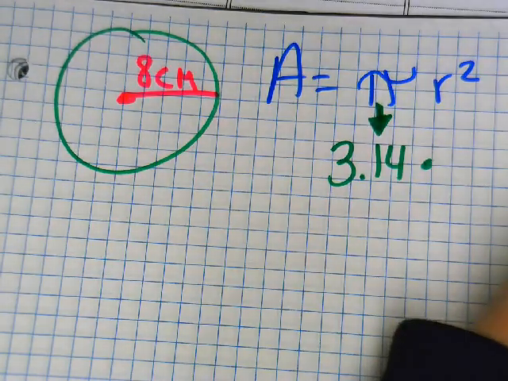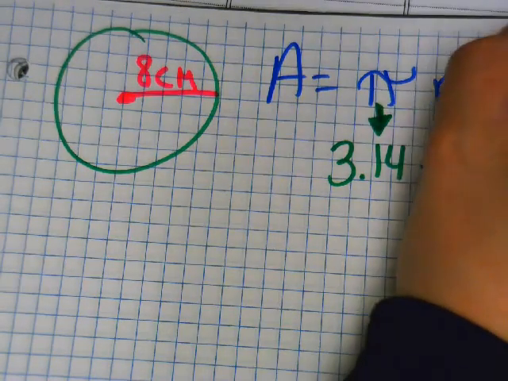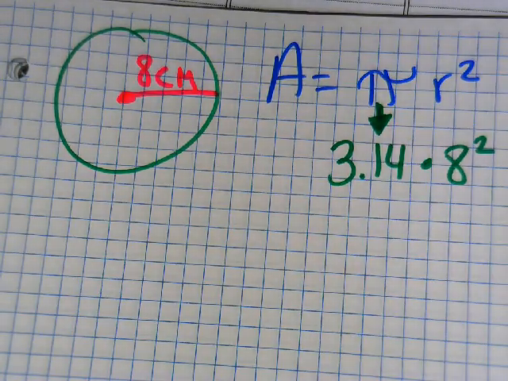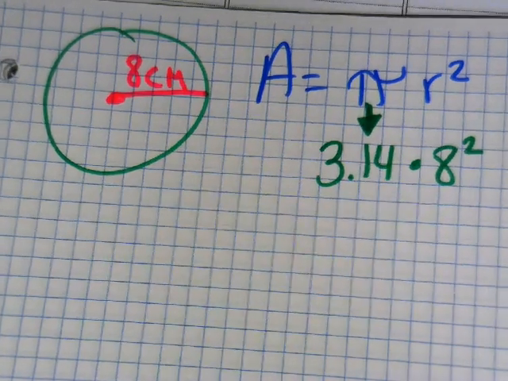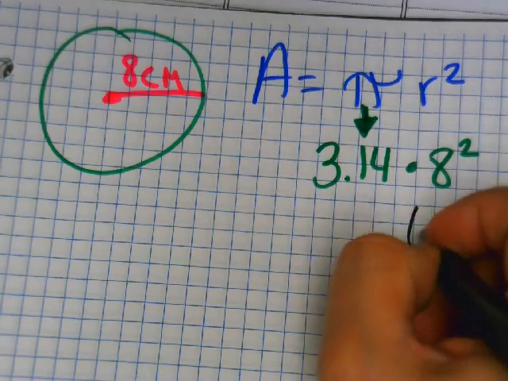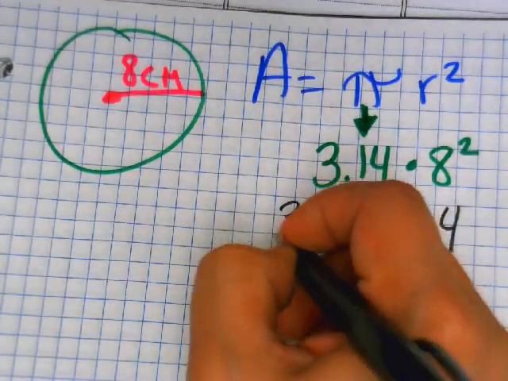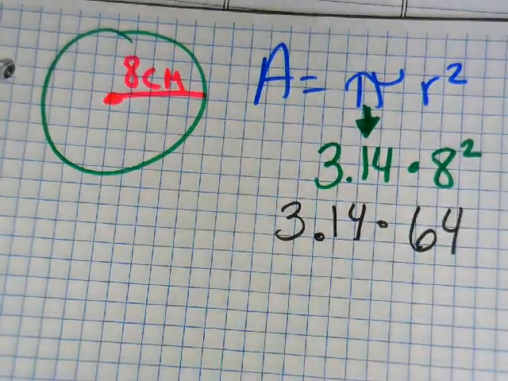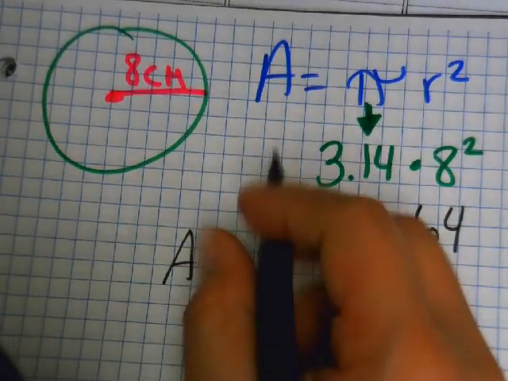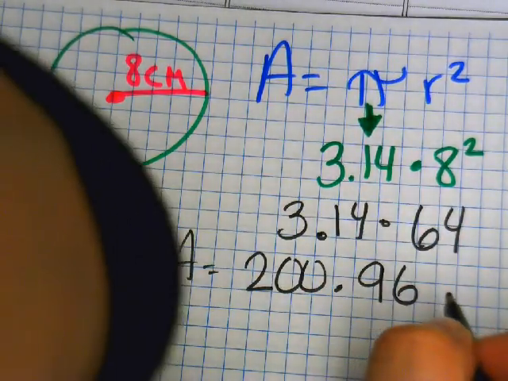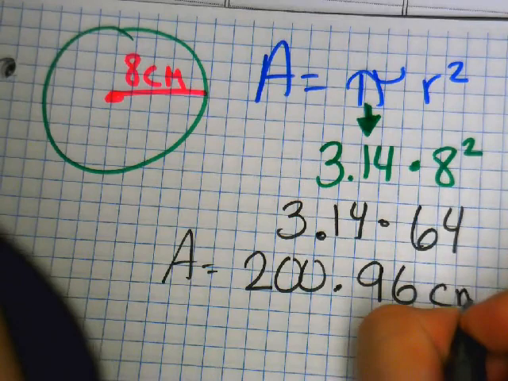What is the radius? 8 squared. No. 8 squared is 64. Type it in. Area equals 200.96 what? Very good. Centimeters squared.